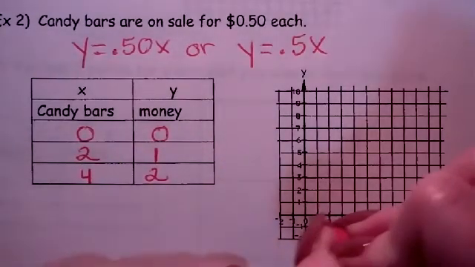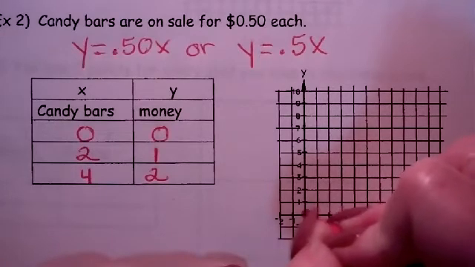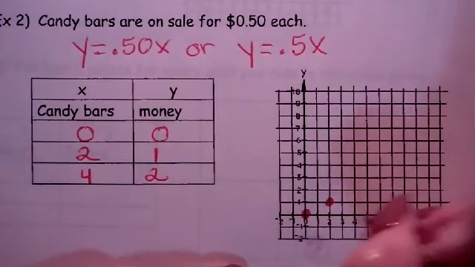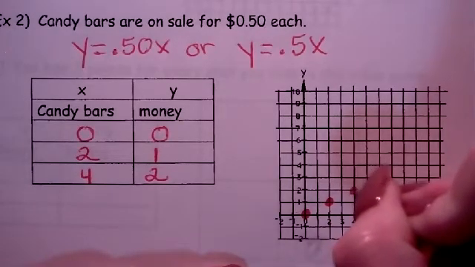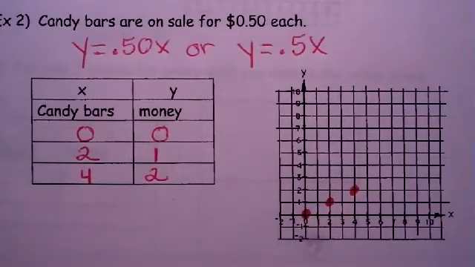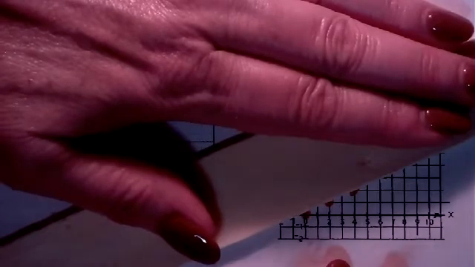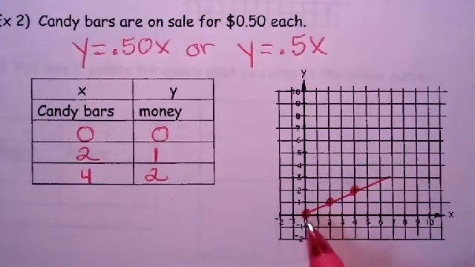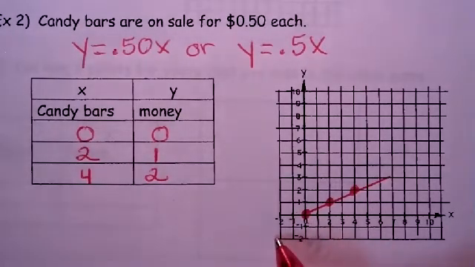So I'm going to graph 0, 0. I'm going to graph 2, 1. And I'm going to graph 4, 2. Okay, I'm going to lay down my straight edge right here. I'm going to connect my dots. Now again, I'm not going to put anything right here at 0, 0 as far as an arrow goes because I can't go into negative numbers of candy bars and I cannot go into negative amounts of money.